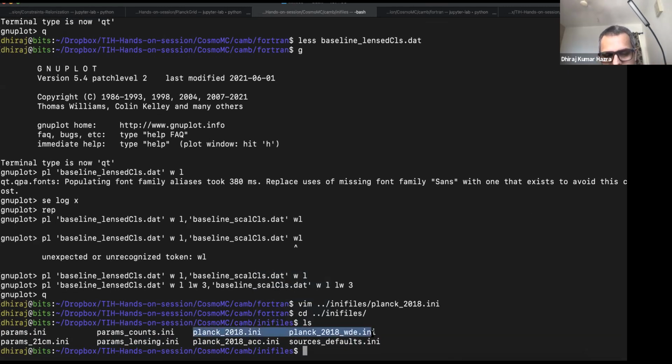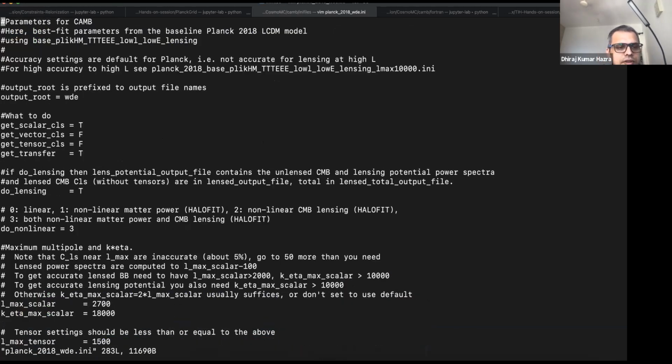Then open this file after copying. We are going to see the effect of the dark energy equation of state. In the output root, write WDE.